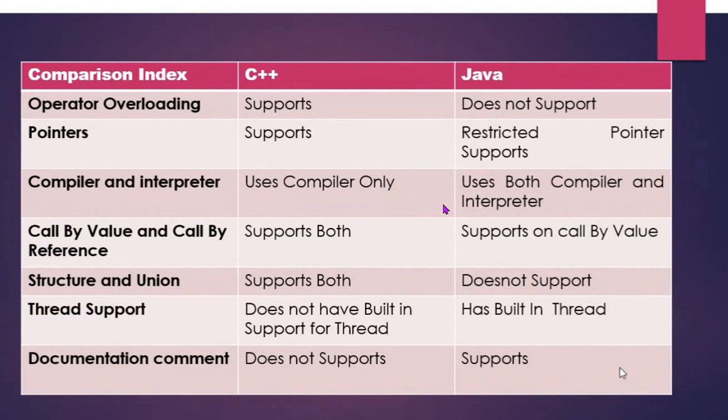It means I can define what the meaning of plus is. Is the meaning of plus only to add numbers, or can I add text also? I can add two texts, or one number and one text. So that you can overload, and inside that method you can define how they can be added. But in Java it is not.